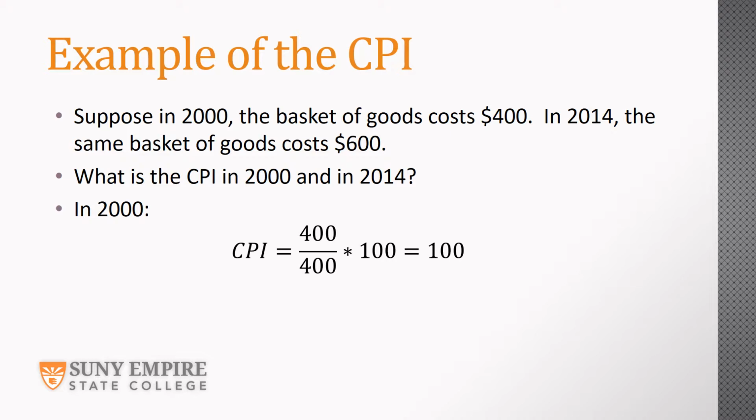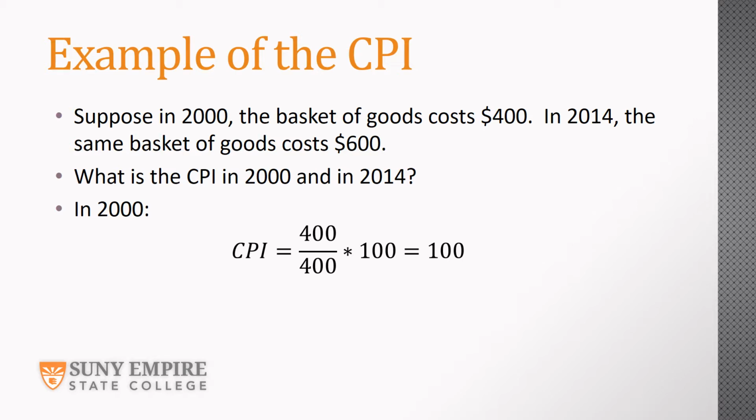In the year 2000, the cost of the basket of goods was $400. This amount also represents the cost in the base year. We have 400 divided by 400, which is 1. 1 multiplied by 100 is 100. In general, the CPI for any base year will be 100.